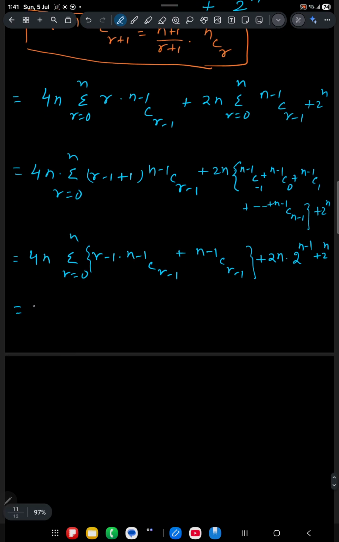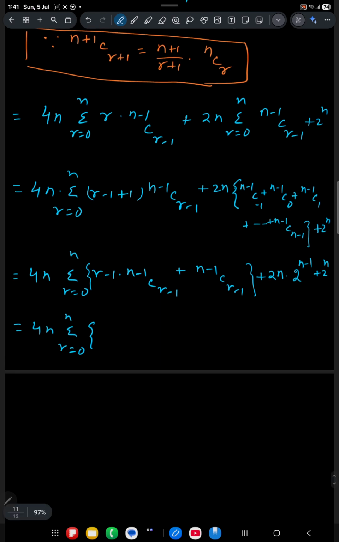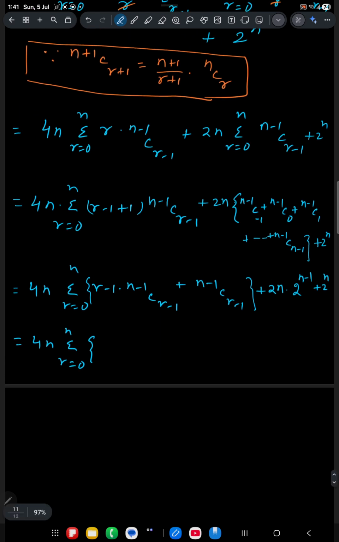Now coming back, 4n summation r equal to 0 to n, and here we use this formula: when r plus 1 is here, (r+1) into (n+1)C(r+1) gives (n+1) into nCr.